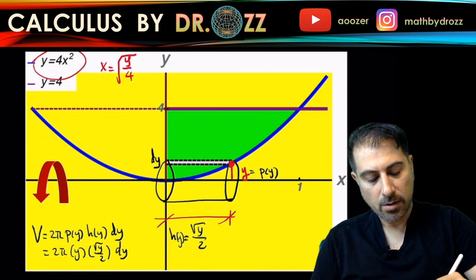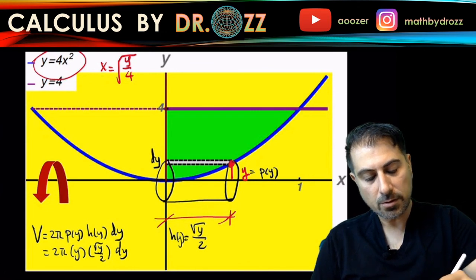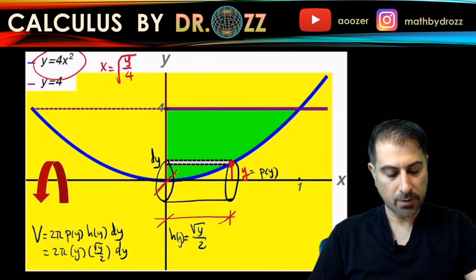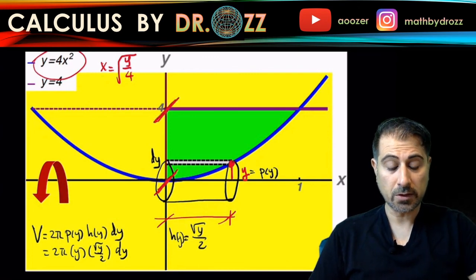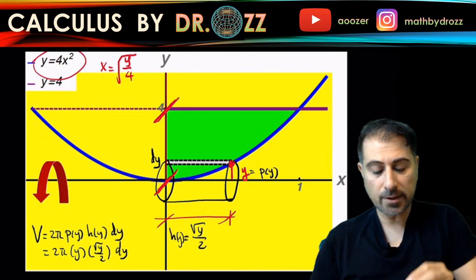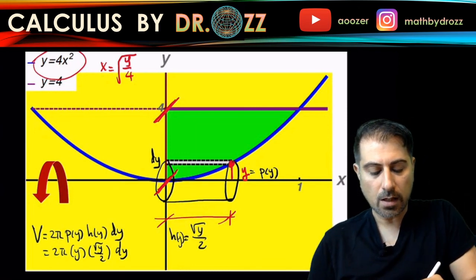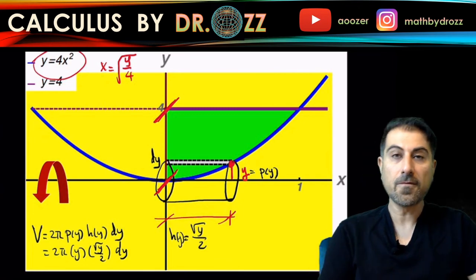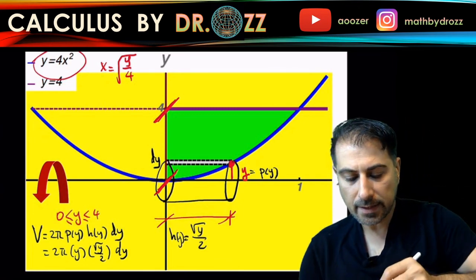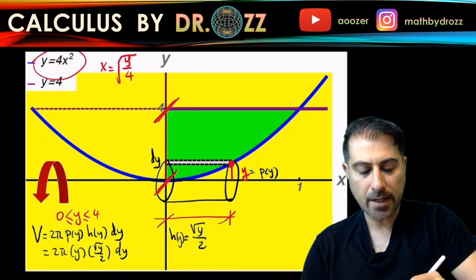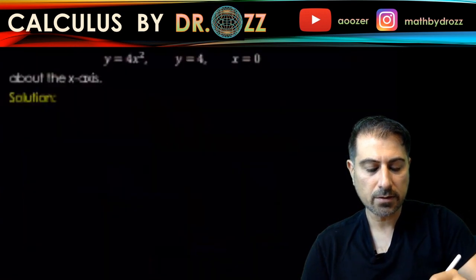The lower limit is touching the origin, and the upper limit is determined by the horizontal line. So y ranges between 0 and 4.